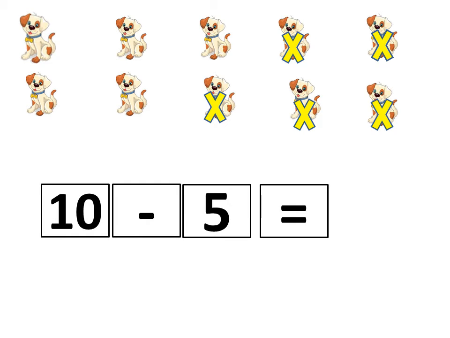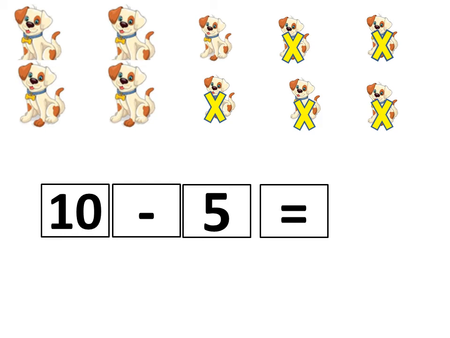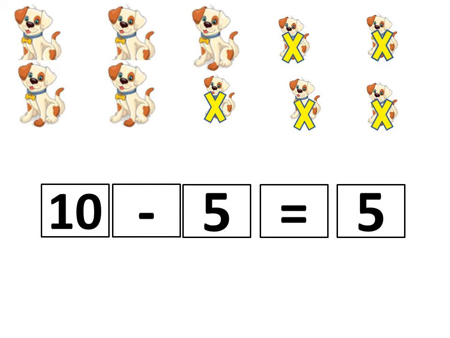Let's count. 1, 2, 3, 4, 5. So the answer is 5. To read the number sentence or the subtraction sentence or subtraction story, we will read it as 10 minus 5 equals 5.